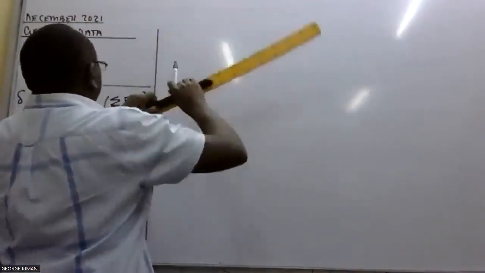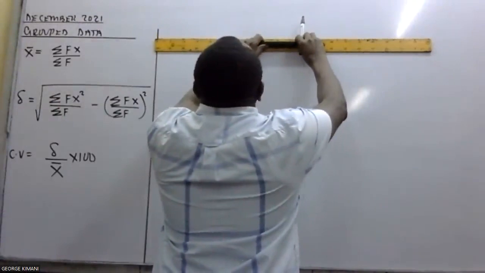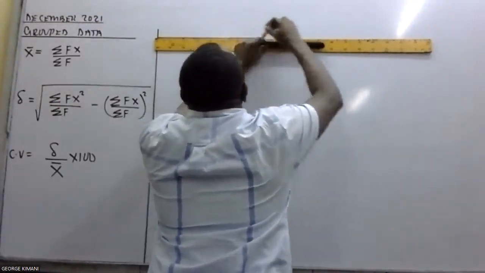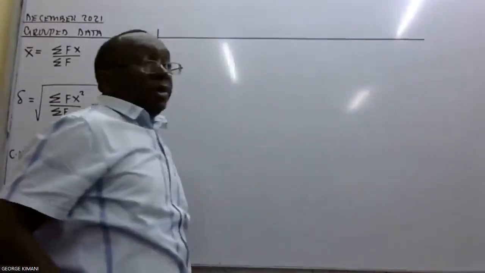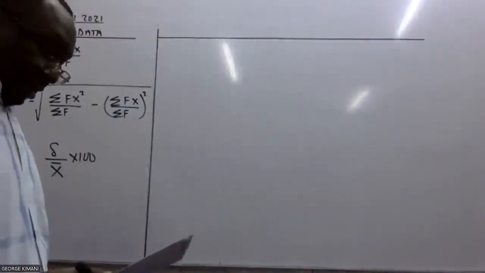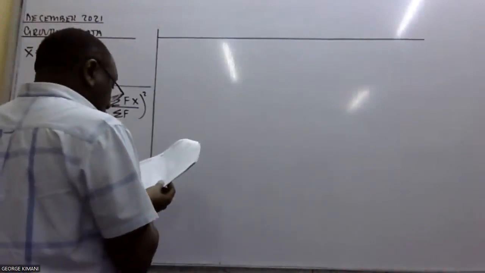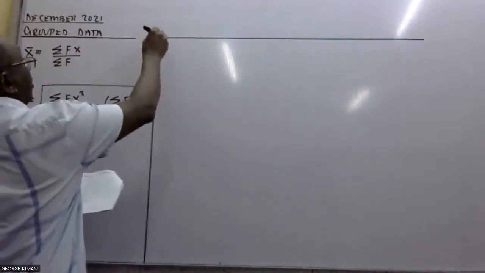So now we make our analysis table. We make the analysis table after knowing which formulas are required. And here we will have the profit.